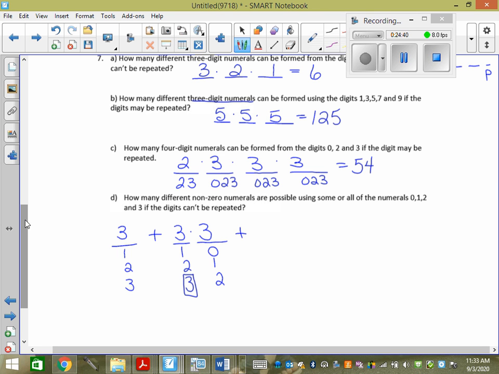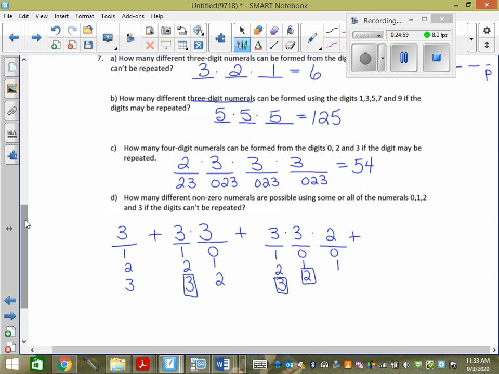Or I could have a 3-digit number, which would be 3 again, then 0, 1, 2, 3, hold the 3, and then 0, 1, 2, hold the 2.